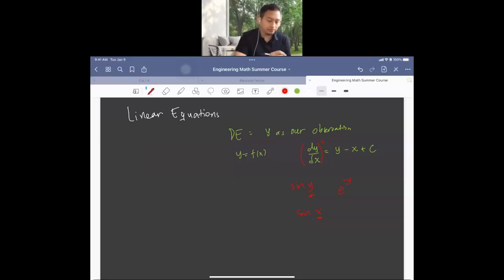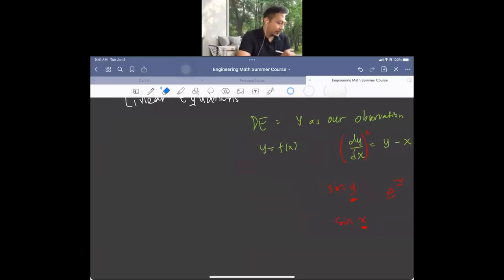It's non-linear. Okay. Or maybe let me tell you in more detail, for example, x squared y double prime plus sine x y prime. I said this is just an example.